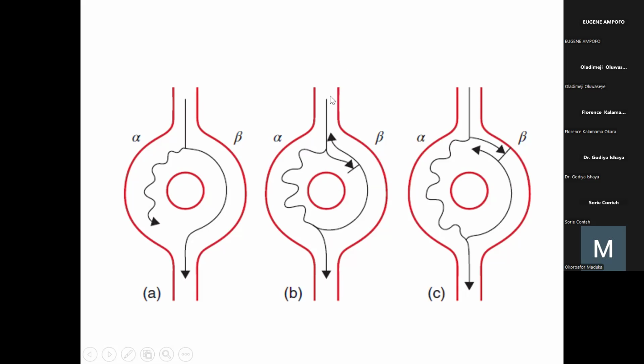Now, when the premature activity happens, remember we said that the slow pathway has a shorter refractory period. So it makes it vulnerable to accept a premature conduction. When that happens, it would accept the premature conduction, and that can now fall on the His bundle in its relative refractory period.